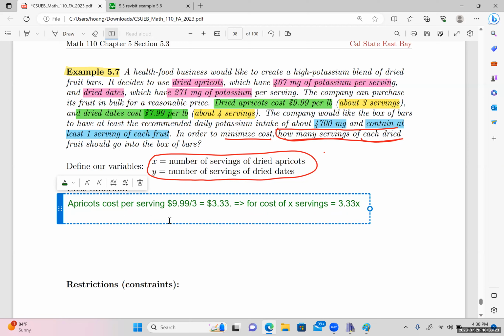What about dry dates? The cost per serving, we know that it's going to be 7.99 for 4 servings, right? So I'm going to say 7.99 divided by 4, which is going to be about how much?